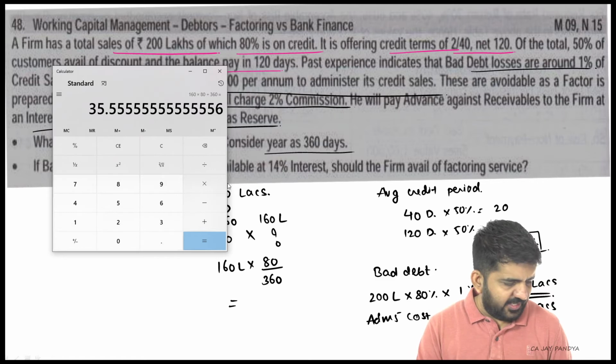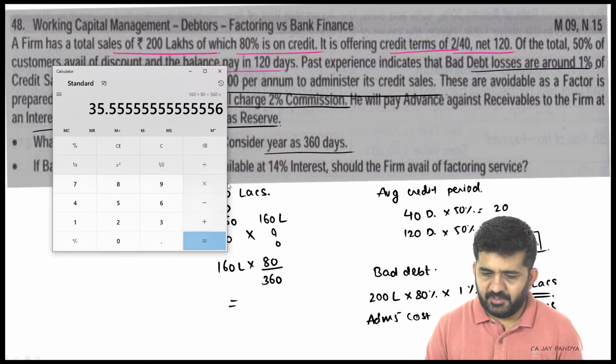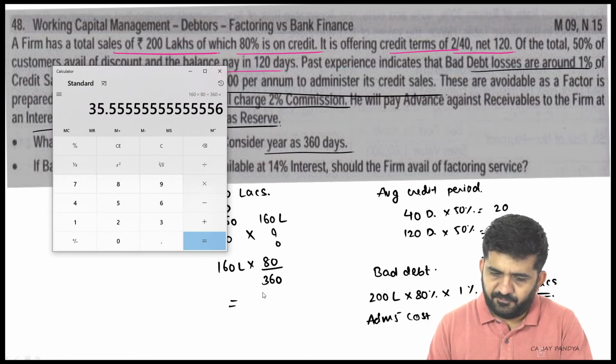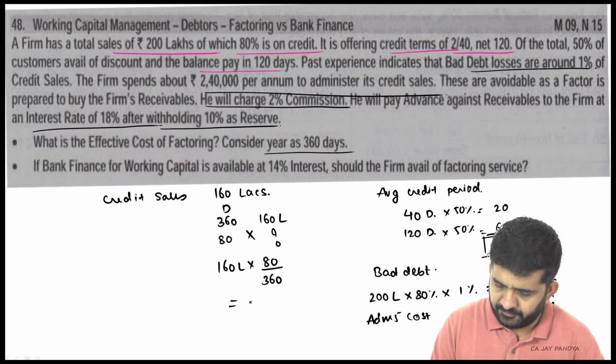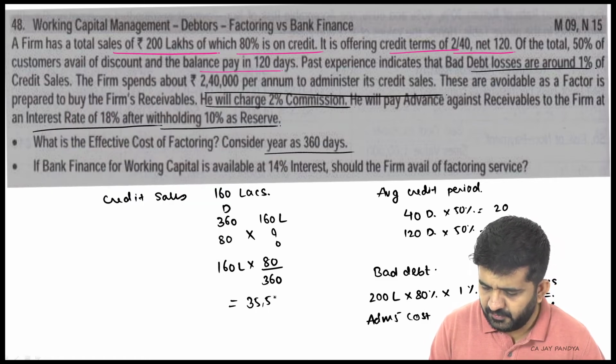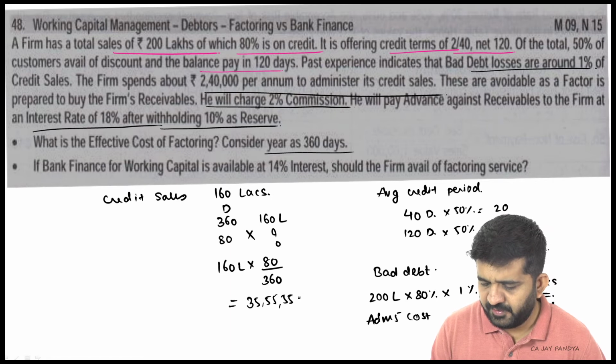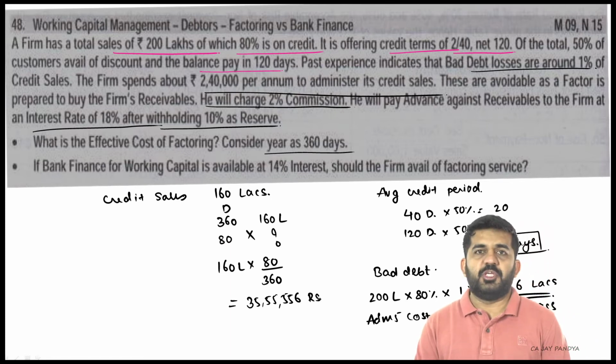It is 35 lakh 55,556. 35 lakh 55,555 or 56 rupees will be the average debtors.